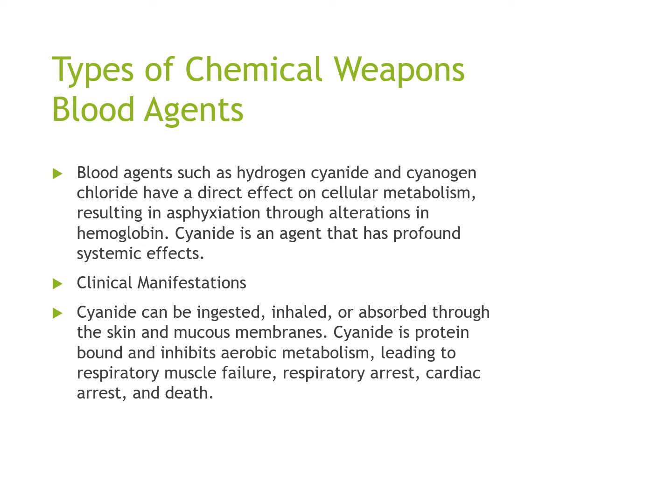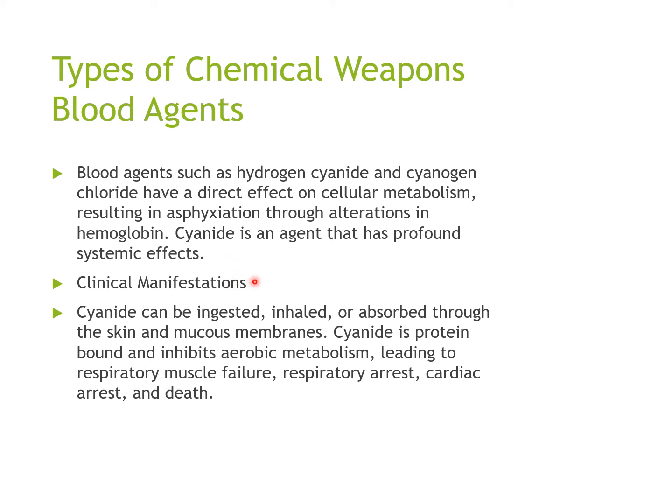All right, and then we have the blood agents. Here we have examples given: hydrogen cyanide and cyanogen chloride. Apparently they have a direct effect on cellular metabolism, and you end up with asphyxiation through alterations in hemoglobin. Cyanide is an agent that has profound systemic effects.